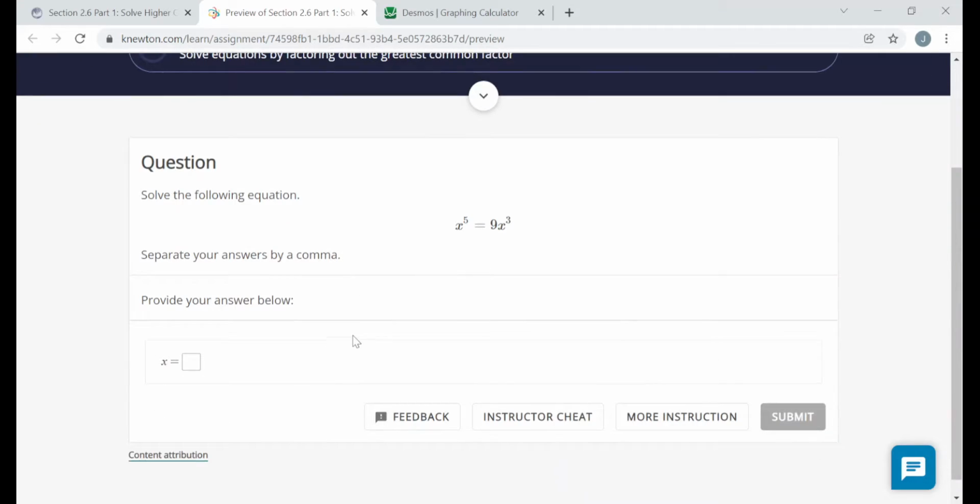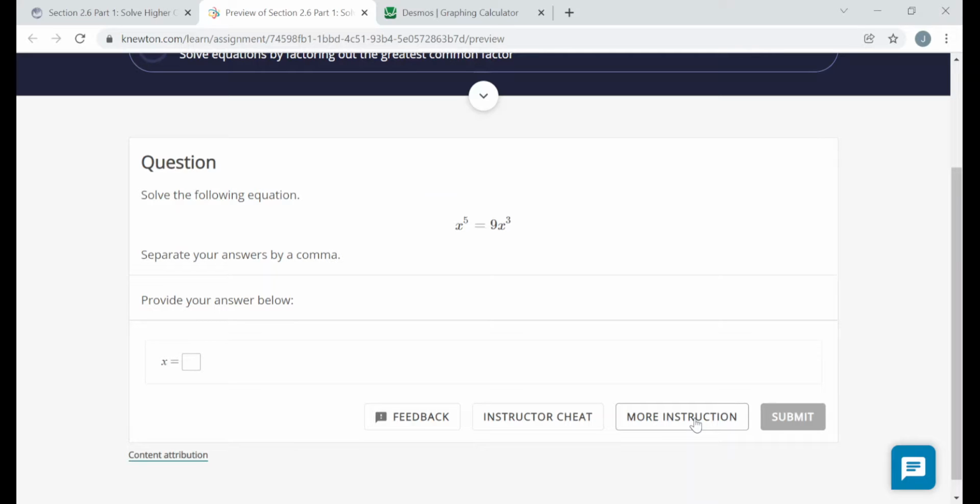And at the bottom of every question, you should be seeing a feedback button where you can send feedback to Knewton about a problem if you're seeing any issues with the question. You will not see the instructor cheat button. That's for instructors only. But you will have the More Instruction button.